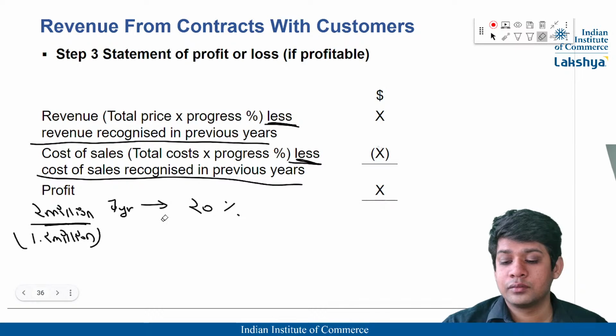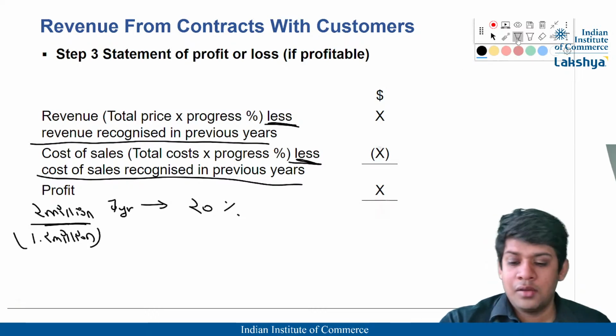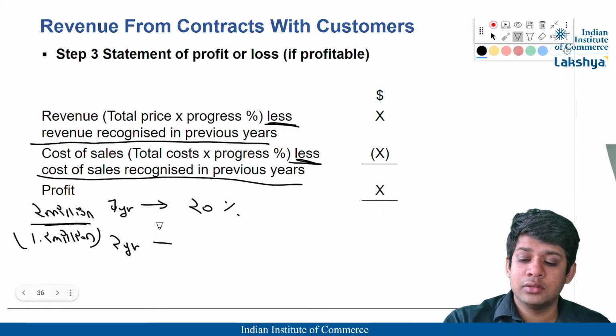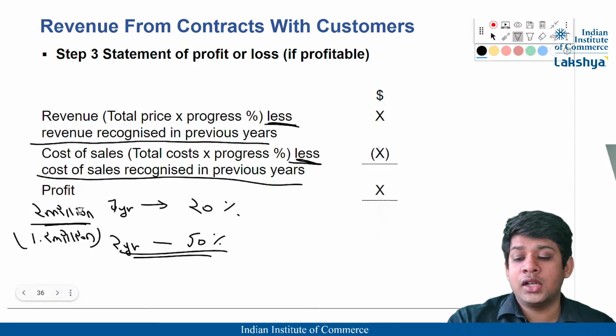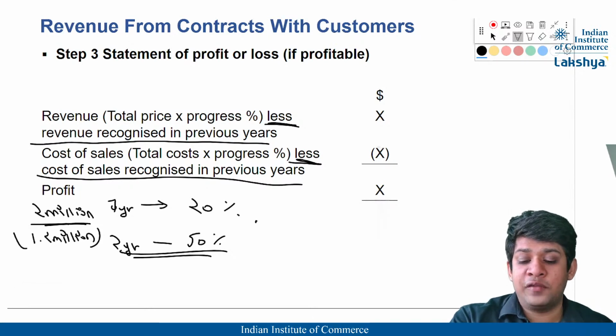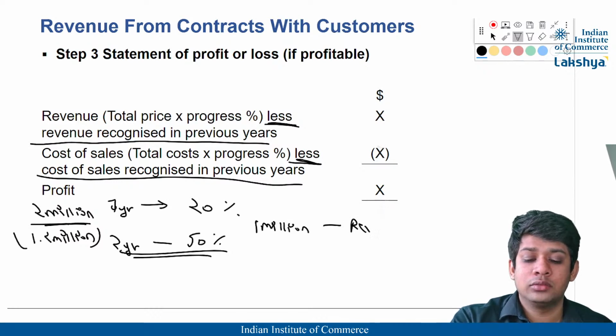But when I reach the second year, maybe my completion is 50%. So in the second year, I'll recognize 2 million into 50%, which is 1 million. This is the revenue.